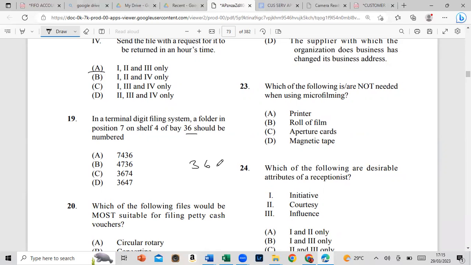Then 4, 7. I'm not seeing this as an option. Oh, see there. So it's D.